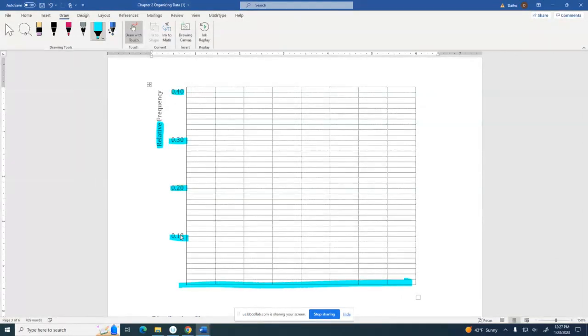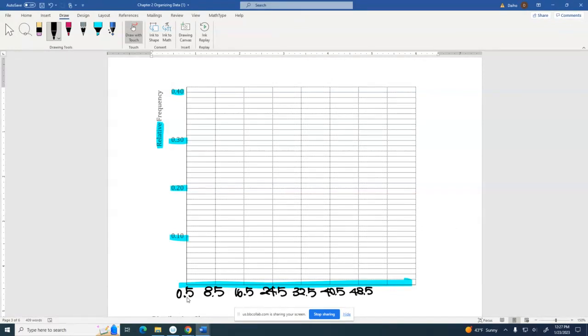But still, on the horizontal axis, they must be the class boundaries. So it must be 0.5 again, 8.5, 16.5, 24.5, 32.5, 40.5, and the last one was 48.5.